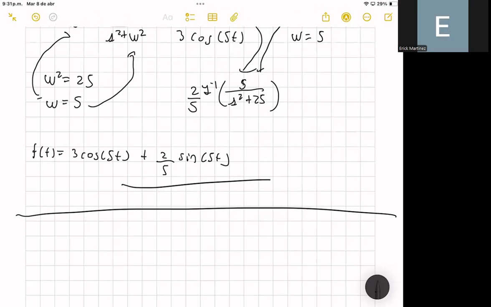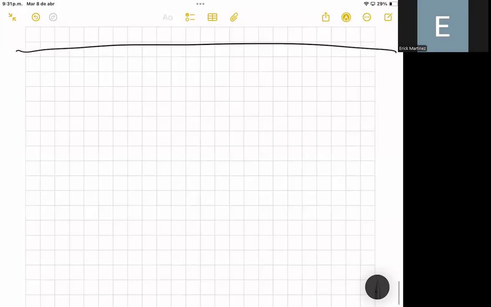Here I have one. Imagine that we have the following differential equation. We have y prime plus y is equal to 3 times e elevated to the 2 times t.